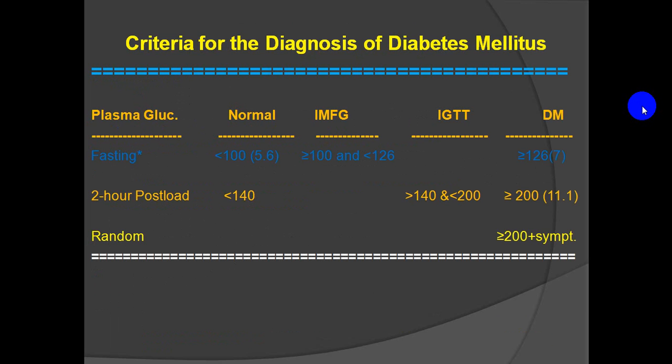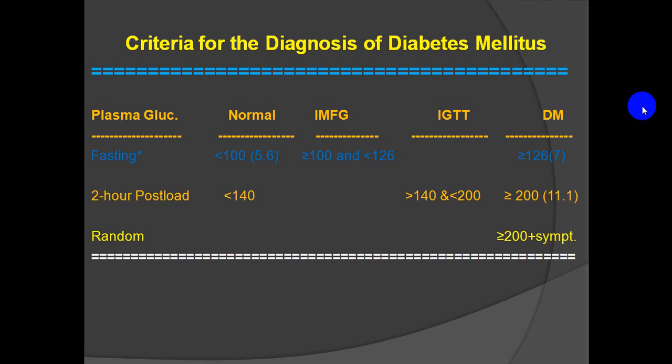Now, how do we interpret the results of plasma glucose level? In this table, when the fasting plasma glucose level is less than 100 milligrams per deciliter, the patient is said to have normal glycemic control. In other words, the patient is not diabetic.